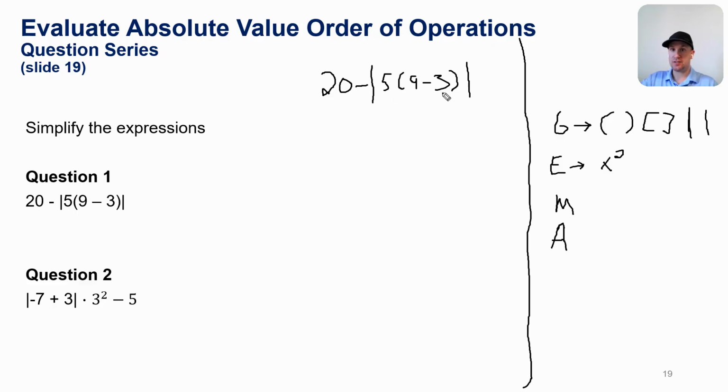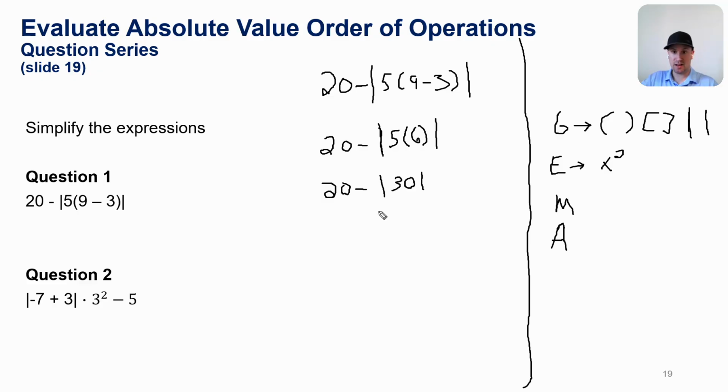So I'm going to first do 9 minus 3, which is 6. That's my first step. So rewriting everything, we have 20 minus absolute value bracket 5, parentheses 9 minus 3 is 6. From here, I'm now going to multiply 5 times 6, which is 30. So we have 20 minus absolute value of 30.